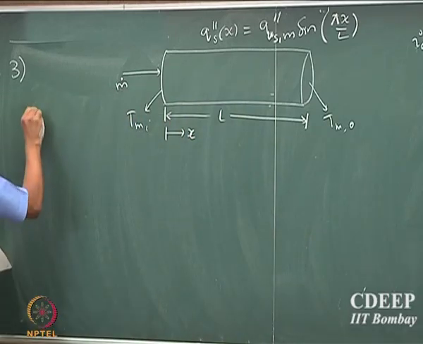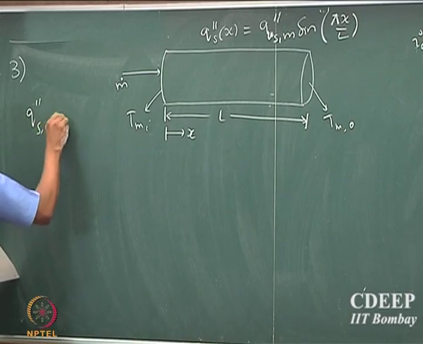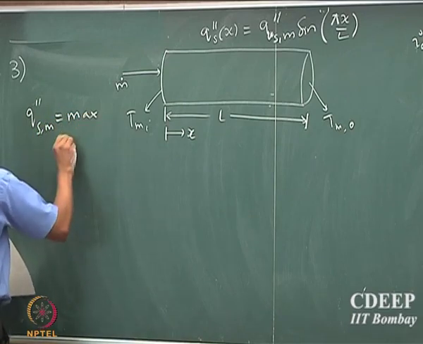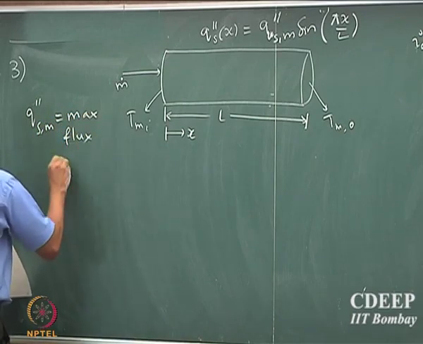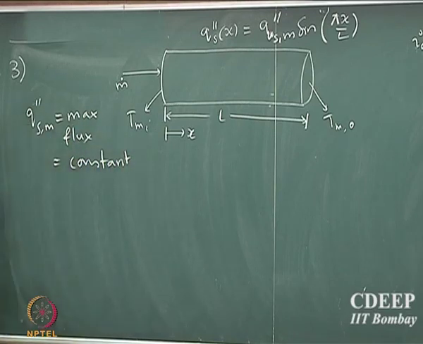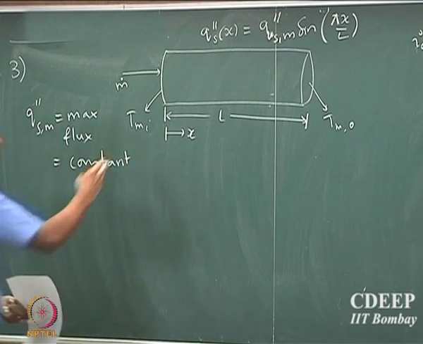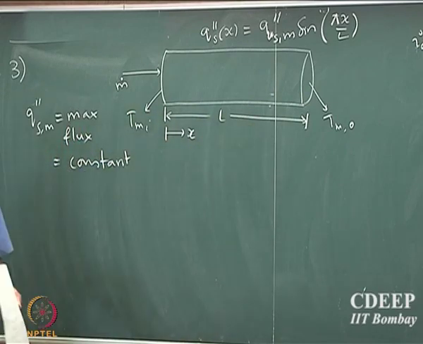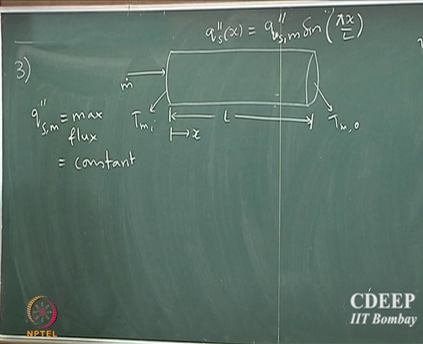And we assume that Qsm, which is the maximum flux, remains constant, we assume that the maximum flux is present somewhere in between, and that maxima remains constant.